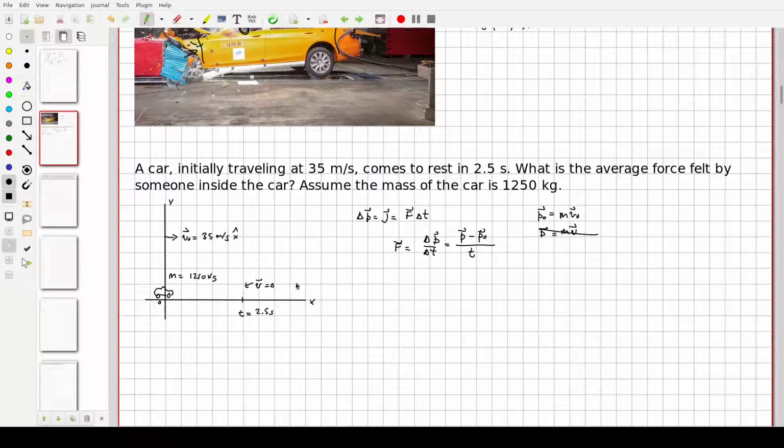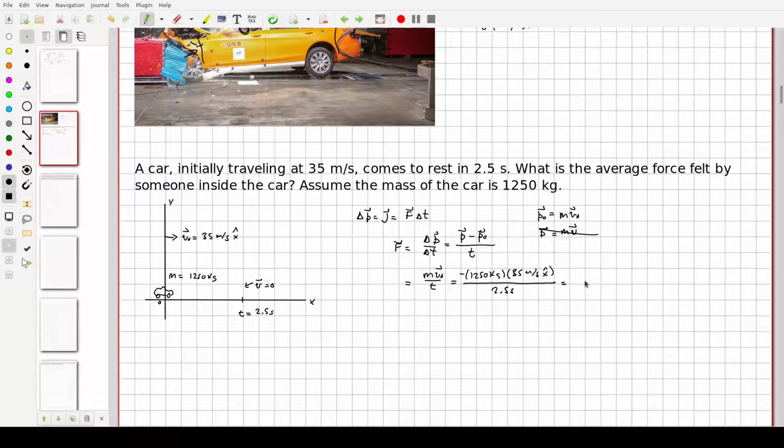Okay. So based off of what we have here, this would be m times v naught vector over t. The mass is 1,250 kilograms. V naught vector is 35 meters per second in the x-hat direction. Okay. And then you have a negative sign here over 2.5 seconds.